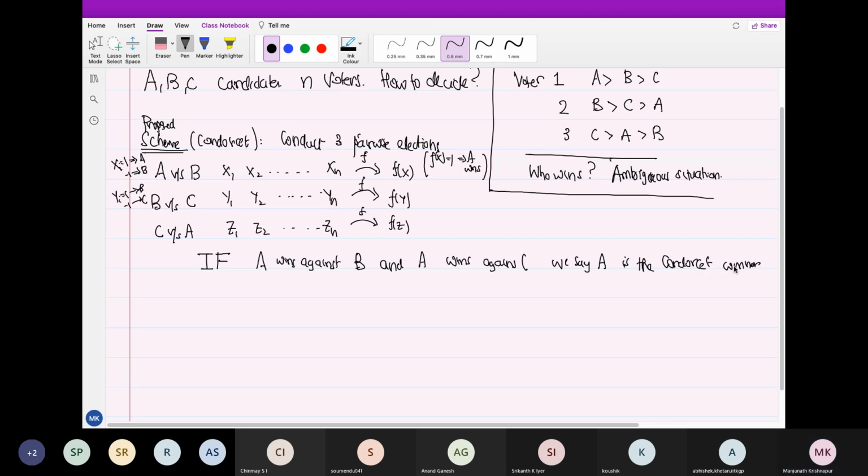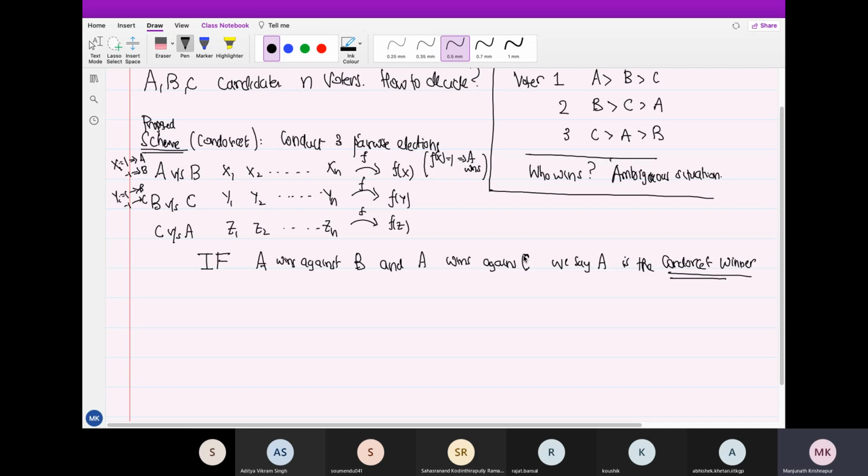Then it is very clear. There can't be two Condorcet winners. So whoever wins both the elections they contest, wins. The other election, B versus C, will only be used to order B and C. So we say that A is a Condorcet winner, and the decision will be that A wins. That's all.